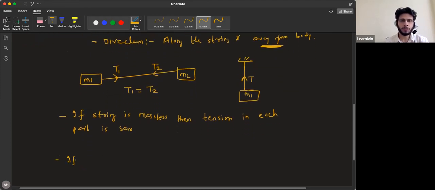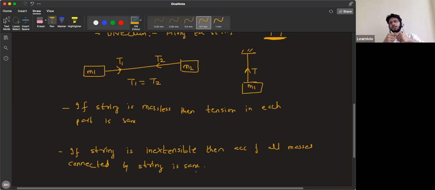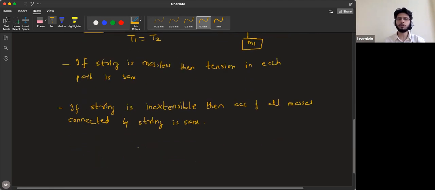Third, if your string is inextensible, like if it can't stretch, then the acceleration of all masses connected by a string is the same.